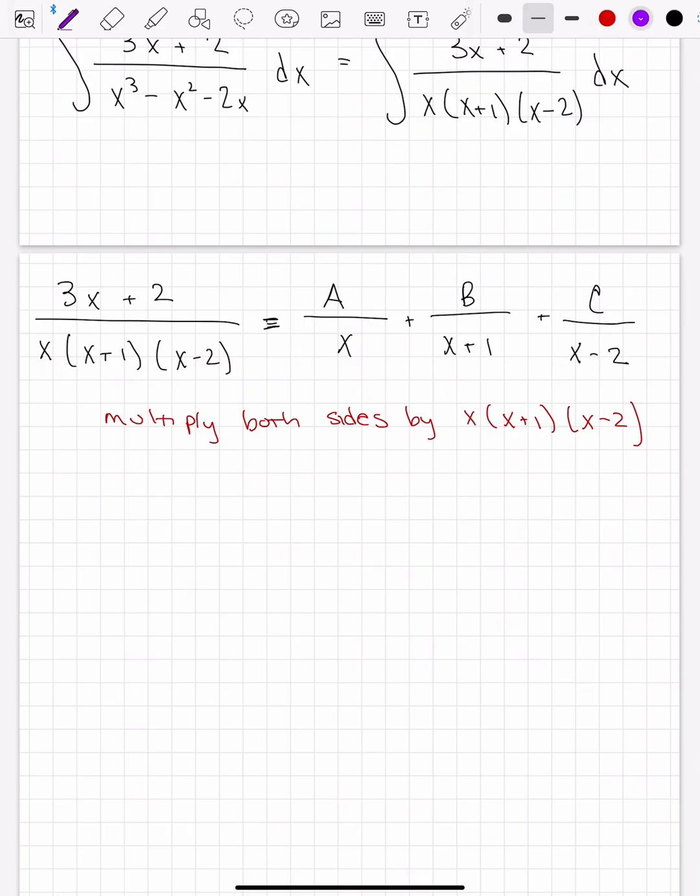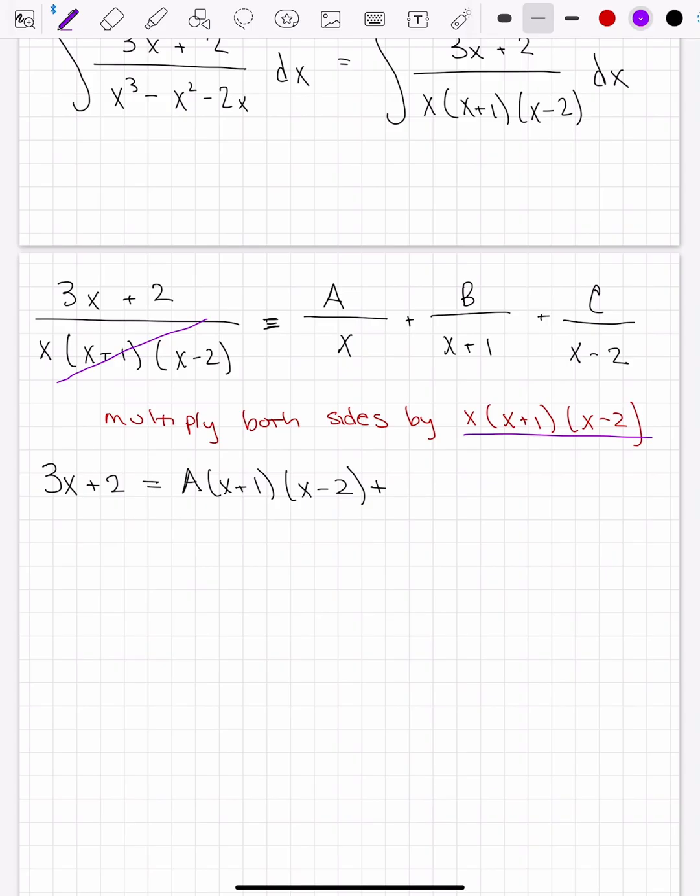Right, and automatically that's going to cancel out this denominator. So on the left-hand side, we're just left with 3x plus 2. Right, and then on the first term, the x is going to cancel out the x. So what we're left with in the first term is going to be A times x plus 1 times x minus 2. Right, and then in the second term, when we multiply by this, the x plus 1 in here is going to cancel out with this x plus 1.